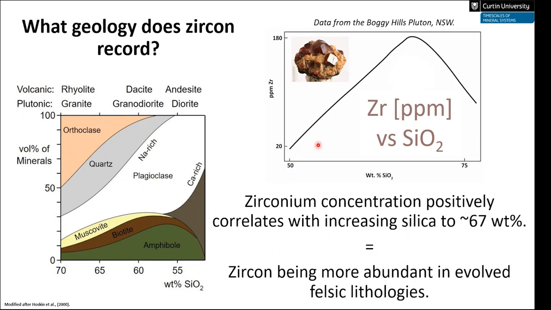Here we have a simplified plot of weight percent silica against zirconium concentration in ppm. You will see that with increasing silica, as the melt becomes more fractionated, the concentration of zirconium increases. This results in zircon becoming more abundant in evolved felsic lithologies. It's not often you see well-formed zircon in a basalt, for example.